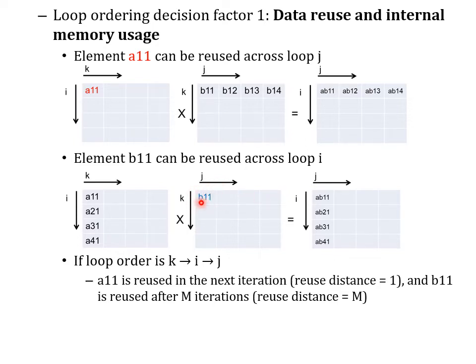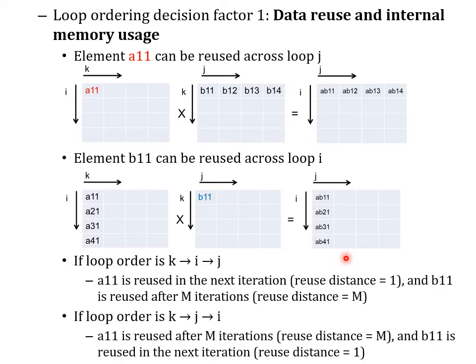B11 will be accessed m iterations later to be multiplied with the A21. Okay, so if the loop order is KIJ, B11 has a reuse distance of m. The reuse distance is just a fancy way of saying how often the data is accessed again.